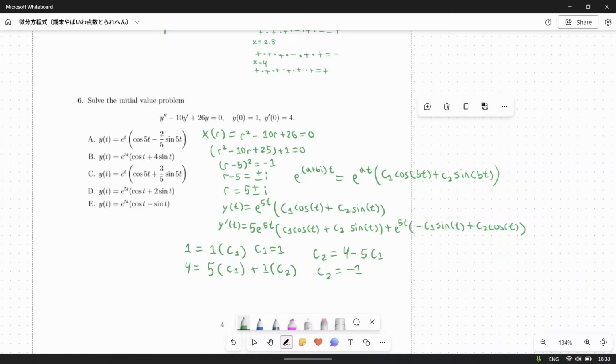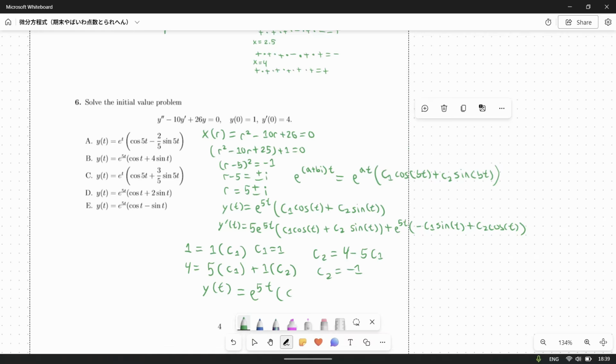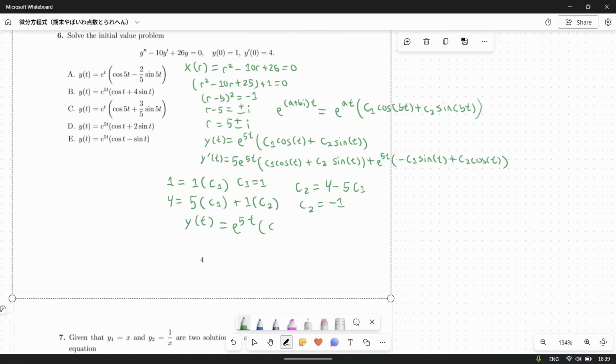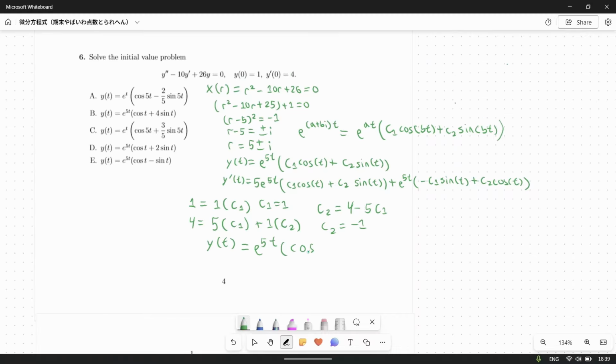Now that we've solved for both constants, we know the particular solution to this initial value problem is y of t equals e to the 5t times cosine of t minus sine of t, after plugging in the constants that we found.